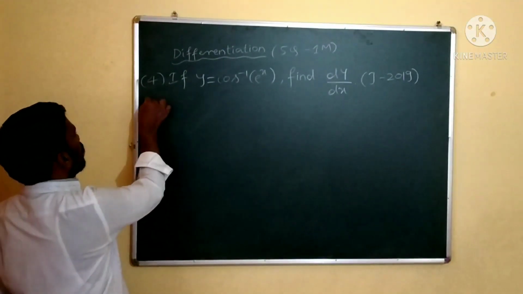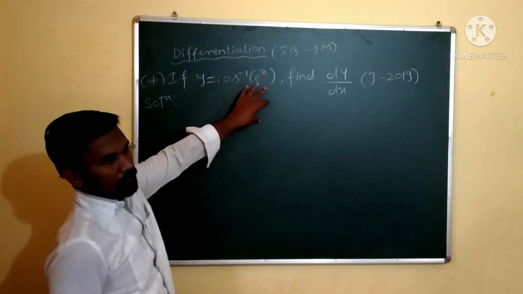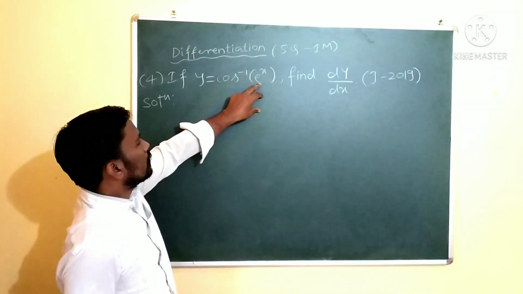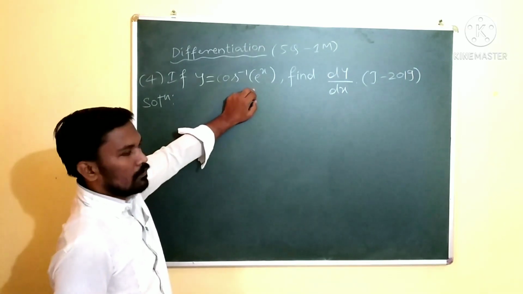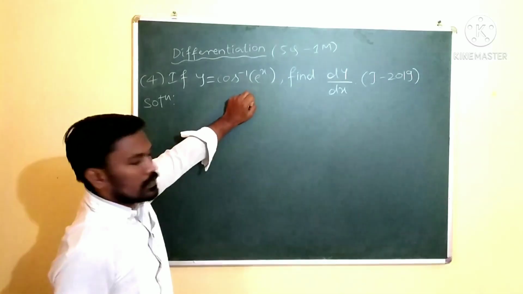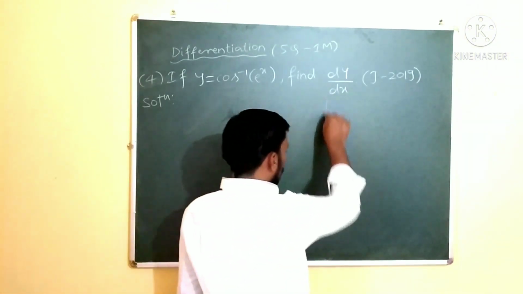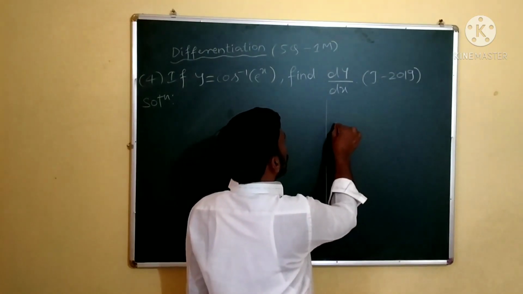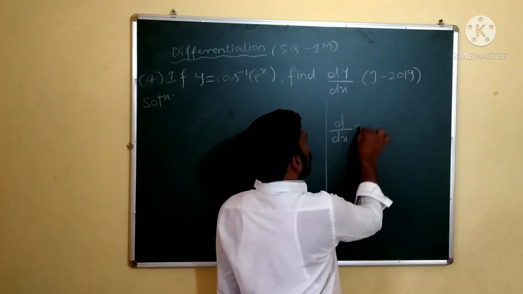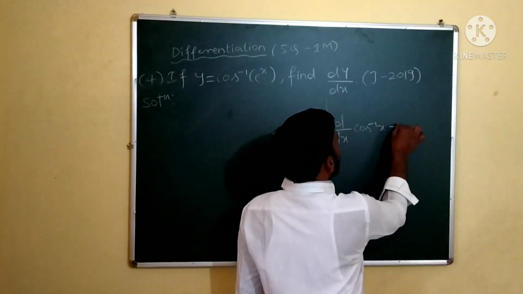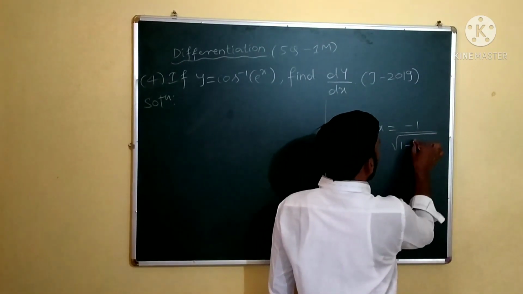So look at the function again here. Cos inverse of something other than x. Again, in place of x, here it is e to the power of x. So that's why cos inverse of e to the power of x is a composite function. So apply chain rule. And here you should know the derivative of cos inverse of x. So what is the derivative of cos inverse of x? d by dx of cos inverse of x is minus 1 divided by root of 1 minus x square.